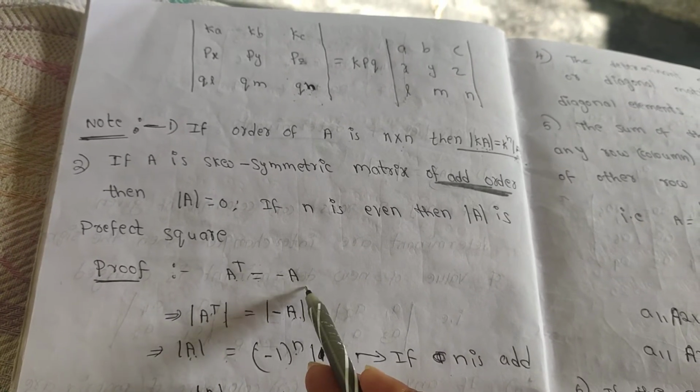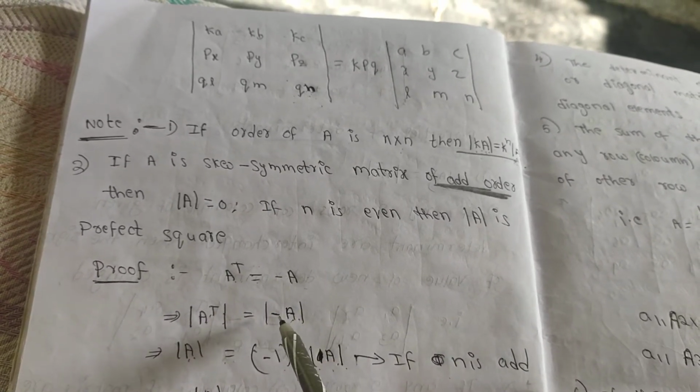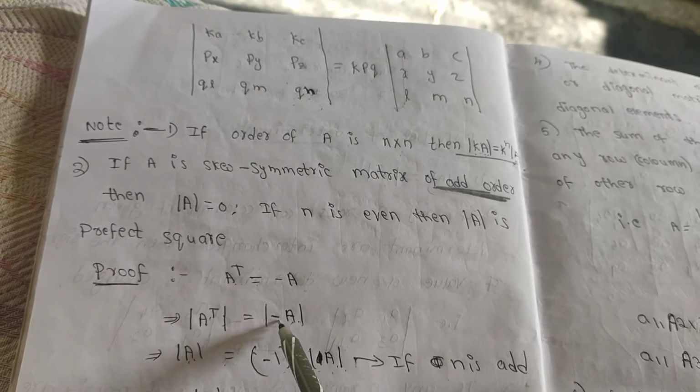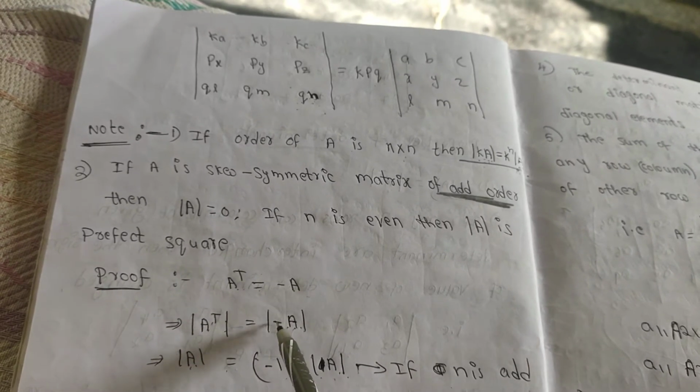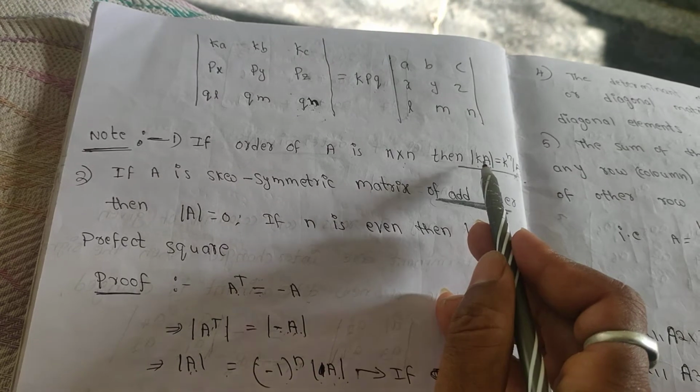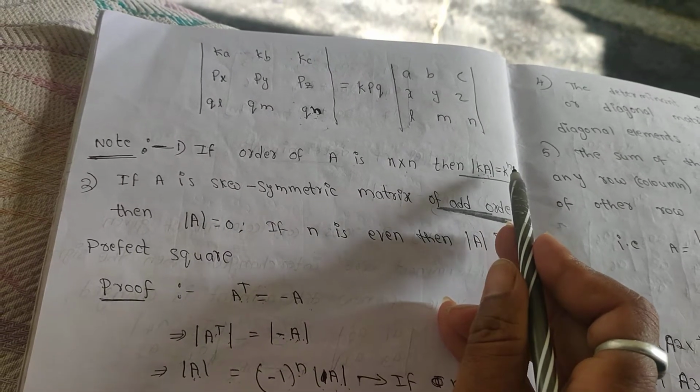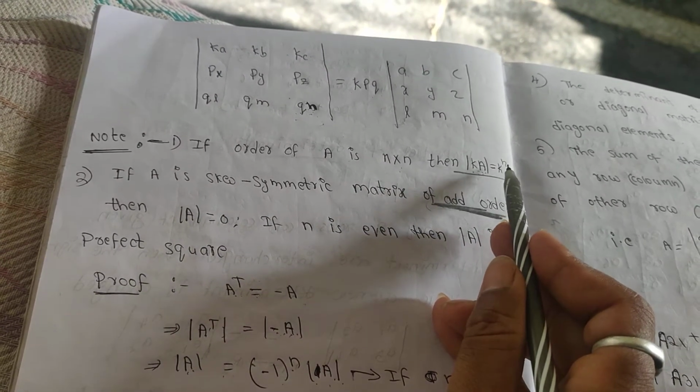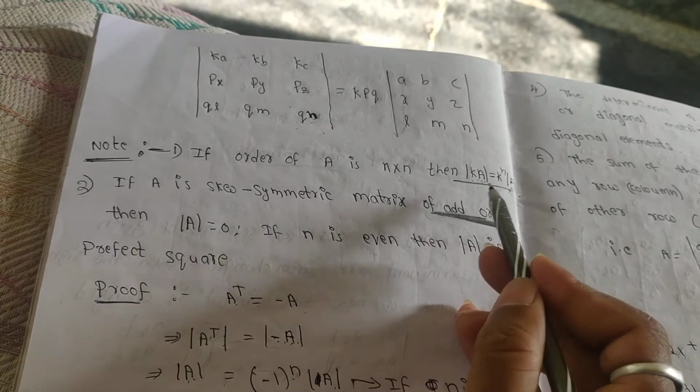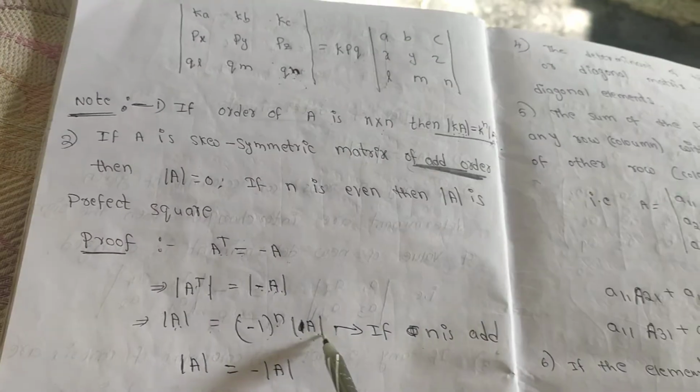For n by n order, you are multiplying minus with A, that is, in the place of k you understand minus 1. So you have k power n, that means minus 1 whole power n into det A.